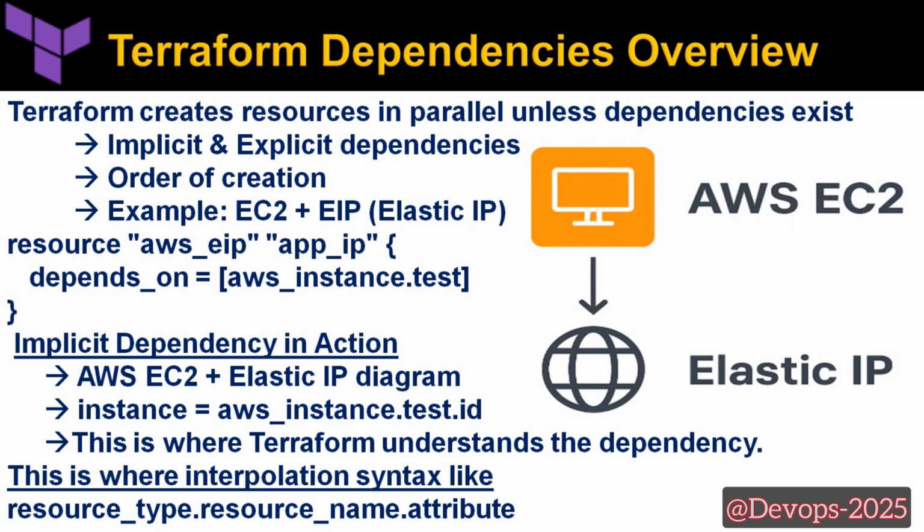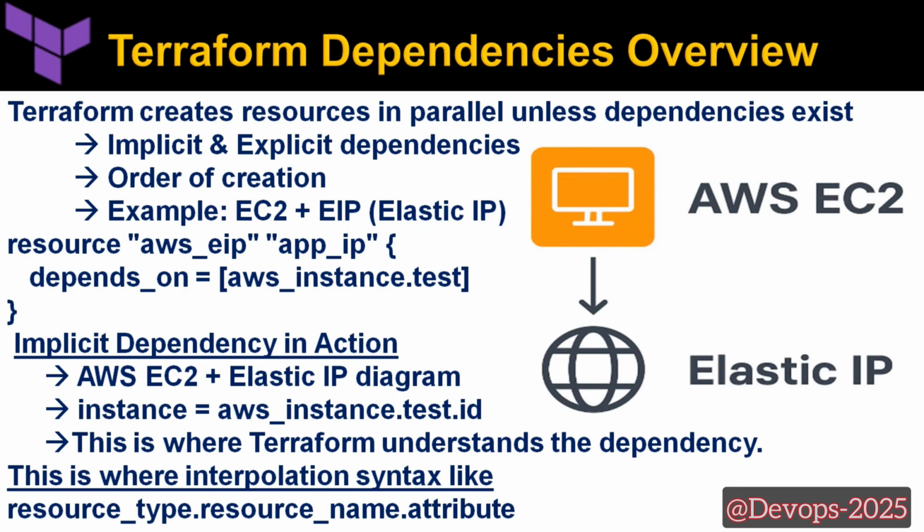Now, AWS public IPs can change when you stop or restart the EC2 instances. However, EIP, which means Elastic IP, remains constant. That means it's stable, it won't change even if you stop or start the instance. That's why we use Elastic IPs to make sure our servers always keep the same public IP addresses.